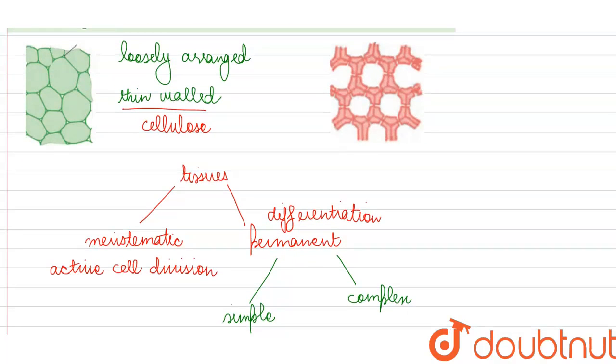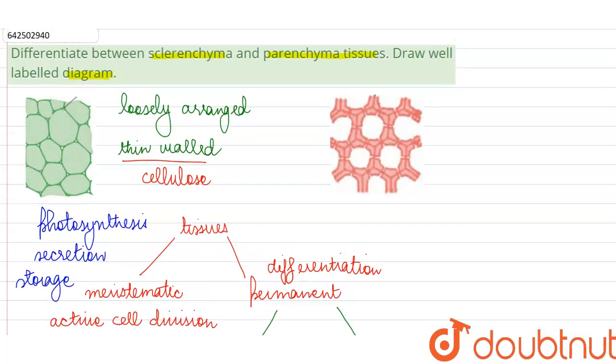So usually the living cells of parenchyma are going to perform the functions such as photosynthesis, then secretion and storage. So the functions of parenchyma tissue vary, but if we look at the cells that constitute parenchyma, we are going to find loosely arranged thin-walled living cells.